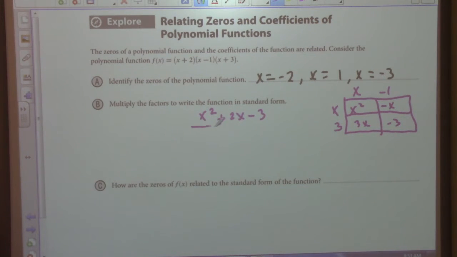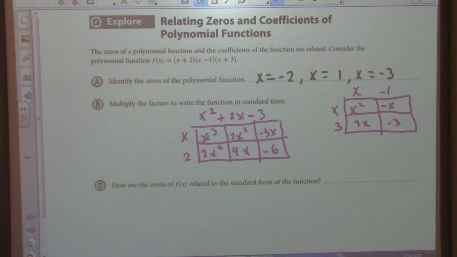Now we can go ahead and multiply this last factor together. We have the x plus 2 factor here. And so we get x cubed, 2x squared, negative 3x, 2x squared, 4x, and then minus 6.